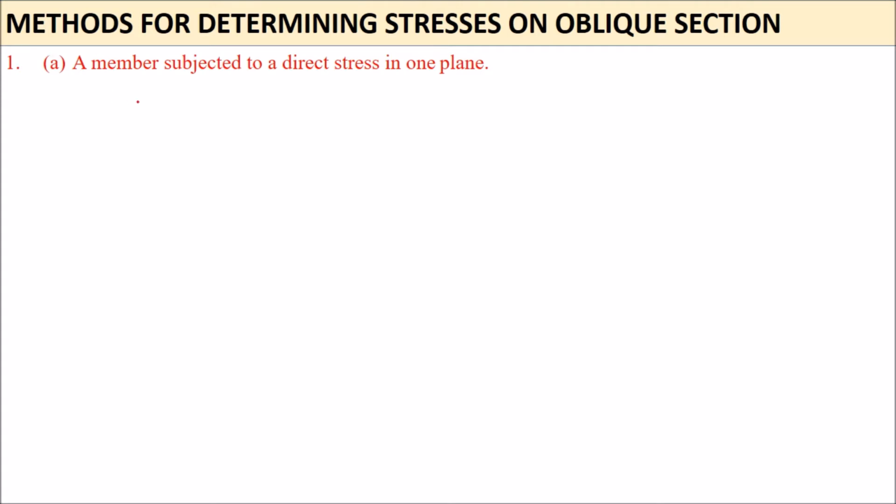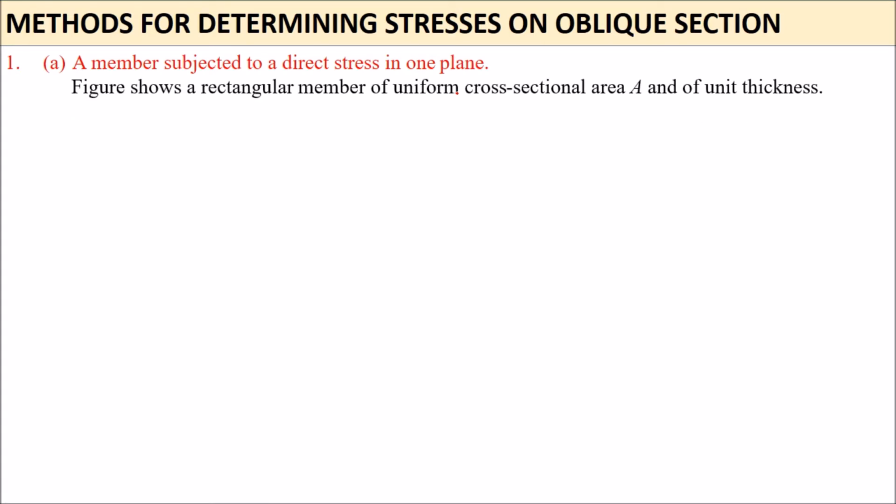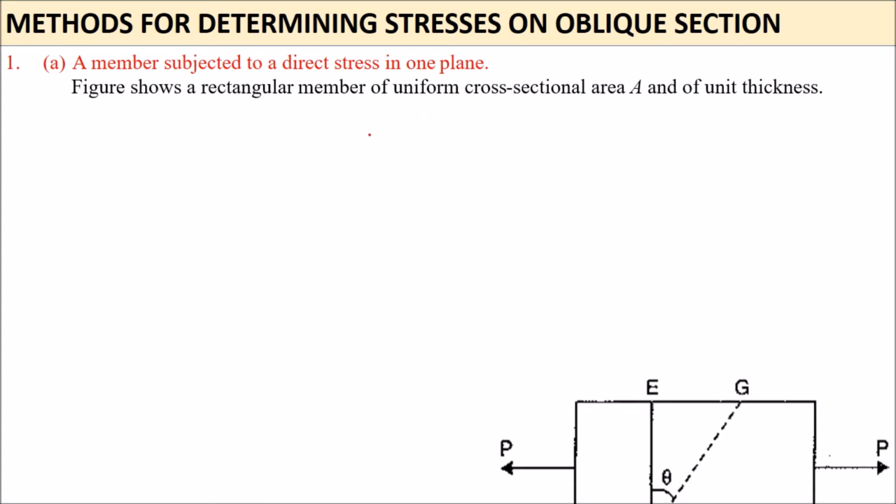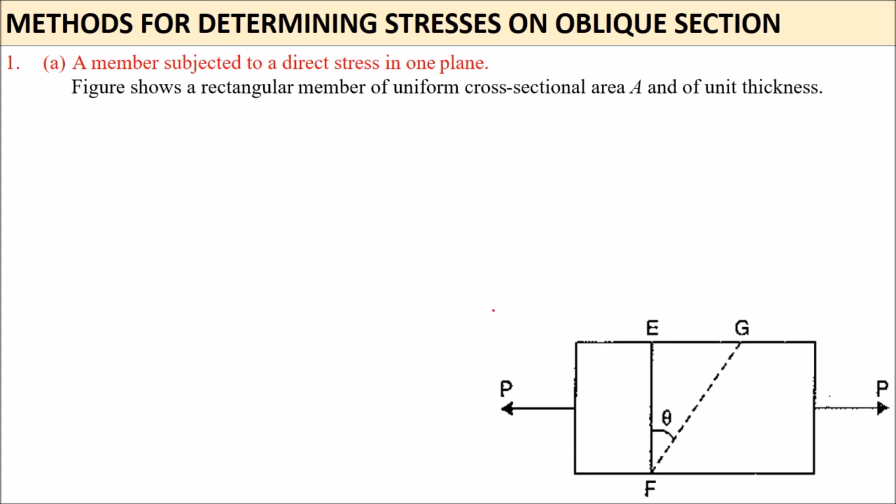First case, a member subjected to direct stress in one plane. Check this figure. One member is there, let's suppose ABCD, and it is under tensile force P. The cross-section area is, let's suppose, A, and thickness is 1.